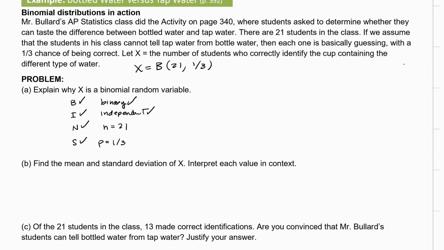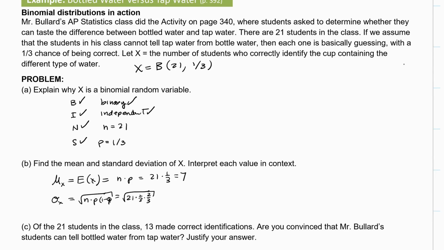What is the standard deviation of X? Well, the mean of X, sometimes also called the expected value of X, is n times P, or 21 times 1/3, which is 7. What about the standard deviation? That would be the square root of n times P times 1 minus P, which is the square root of 21 times 1/3 times 2/3.